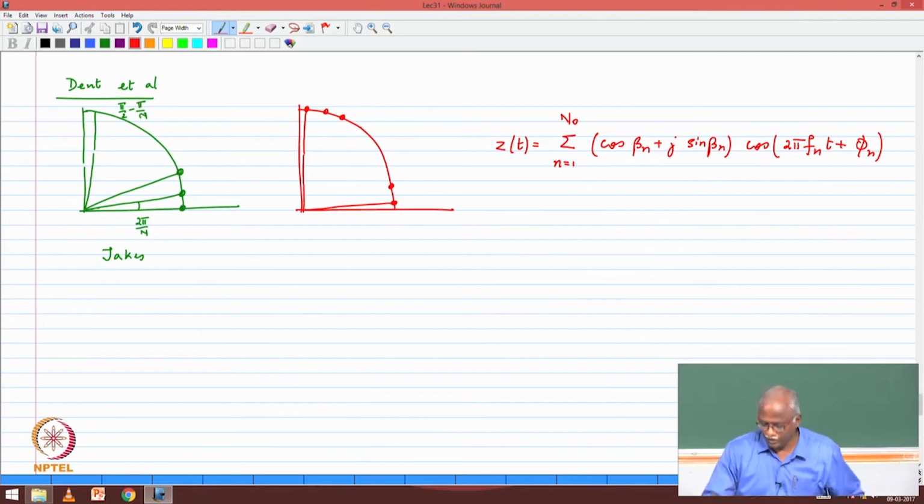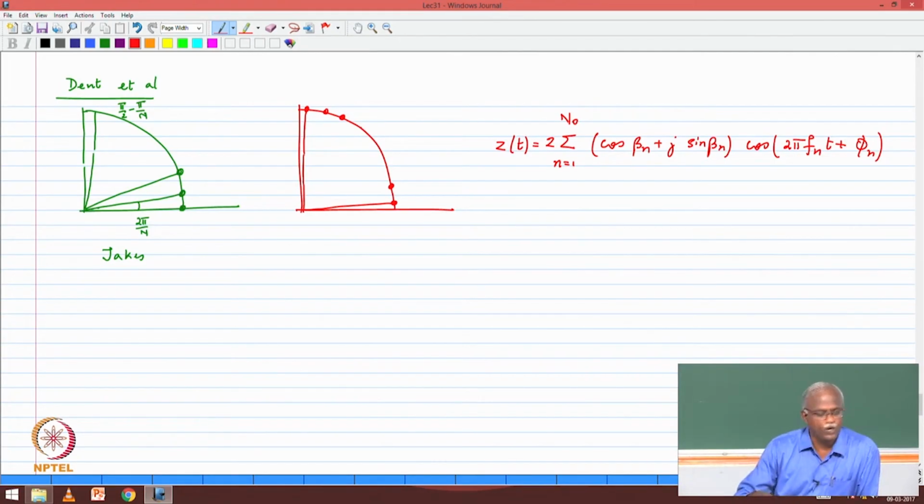If you want to put a factor of 2, it does not matter. So basically all the oscillators have the same scale factor, same weighting. There is no special treatment for any particular one. And they have shown that this is also a good trapezoidal approximation with n naught being sufficiently large. So the claim is that this works better than the original Jake's model.